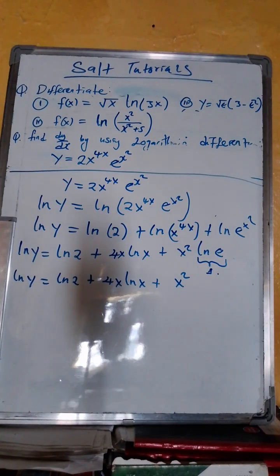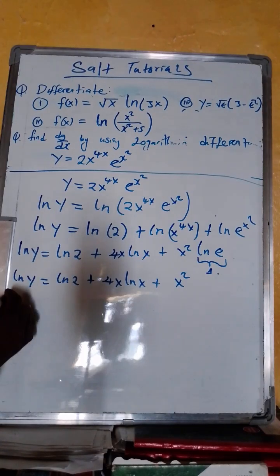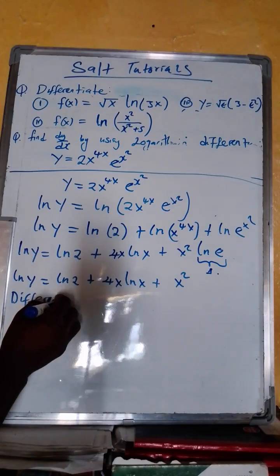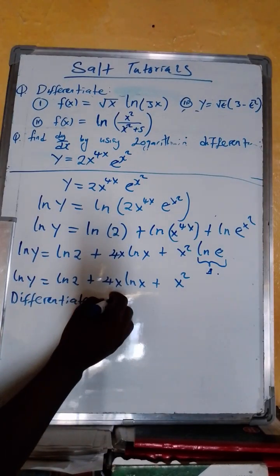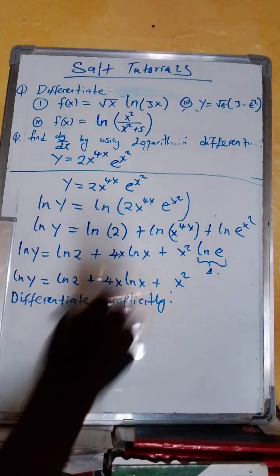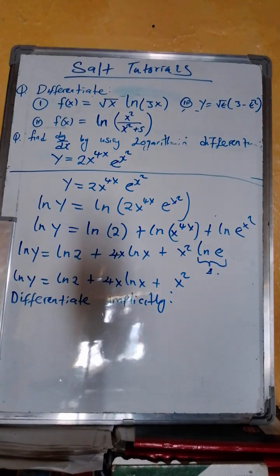So when you're using logarithmic differentiation, first step, apply logs on both sides. Simplify. Then after that, we have to differentiate implicitly. What do I mean?